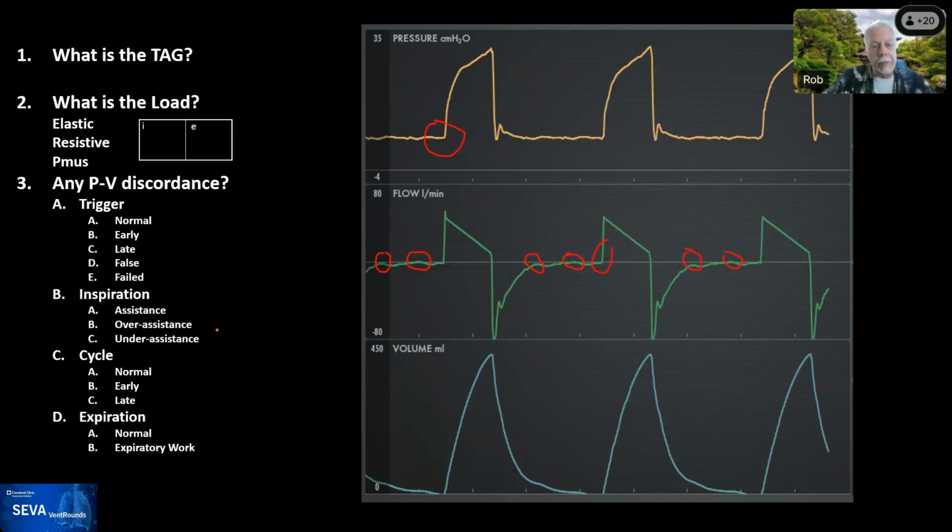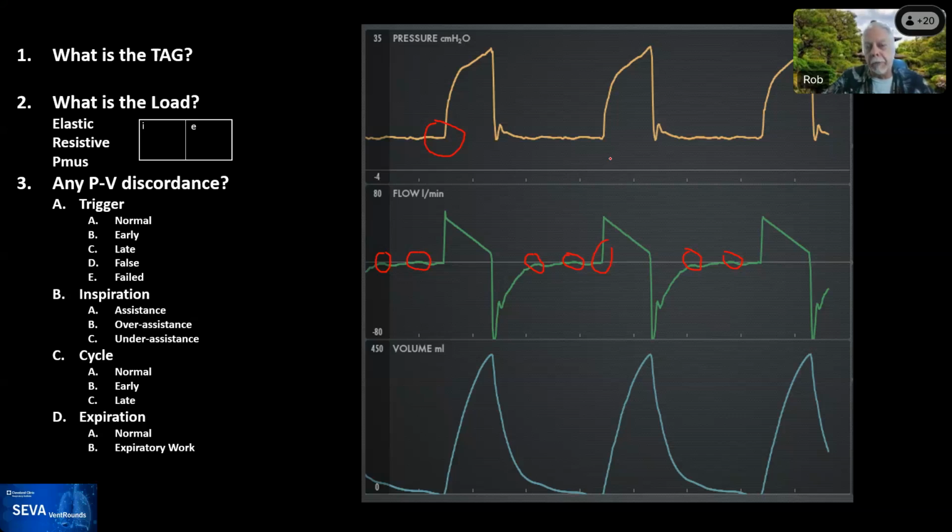What about for inspiration? Would you call this assistance, over assistance, or under assistance? We don't have any clinical data on this patient, so we'd have to assume that it's either a paralyzed patient who is being assisted appropriately, or if this patient had a high pH, possibly over assistance, right?